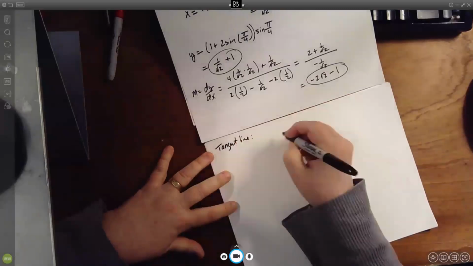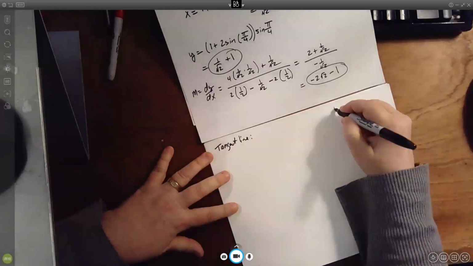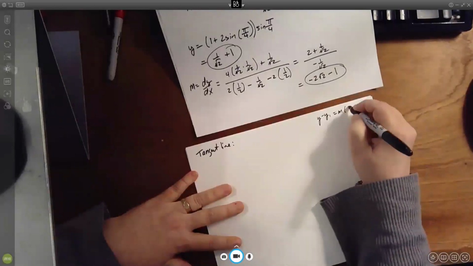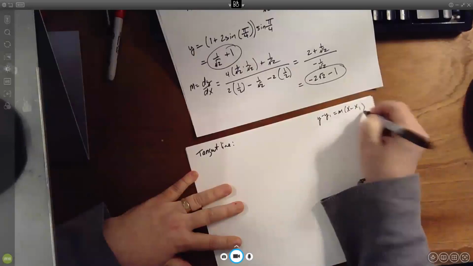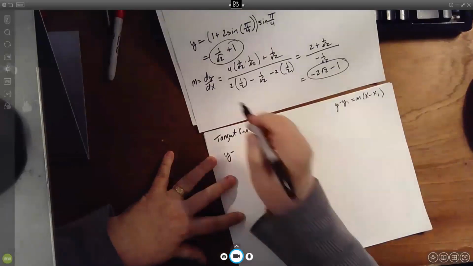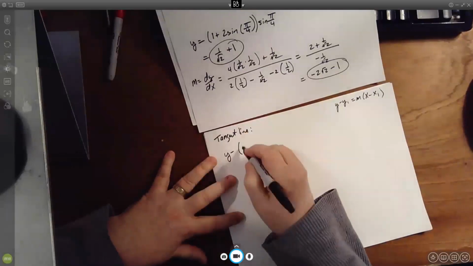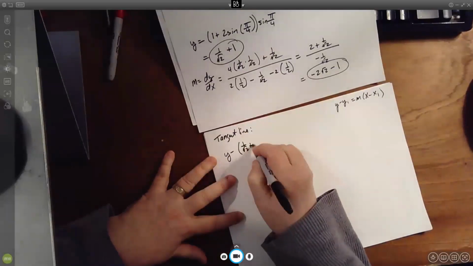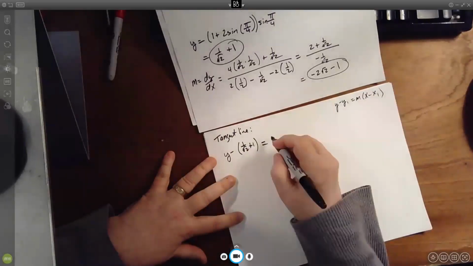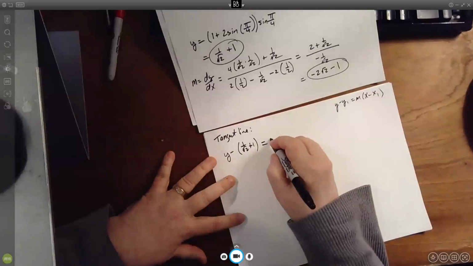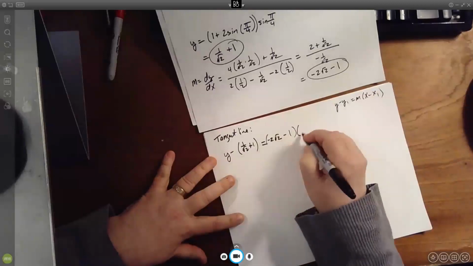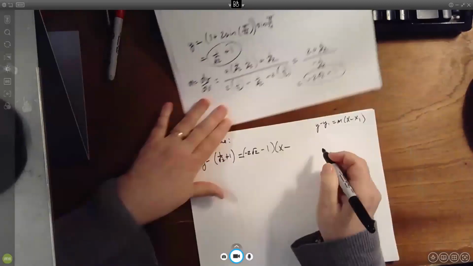Equation for a line in general is y minus a y-coordinate equals the slope times x minus the x-coordinate. For the tangent line, I have y minus my y-coordinate, which is 1 over the square root of 2 plus 1, is equal to the slope, 2 times the square root of 2, negative 1, times x minus the same x value.